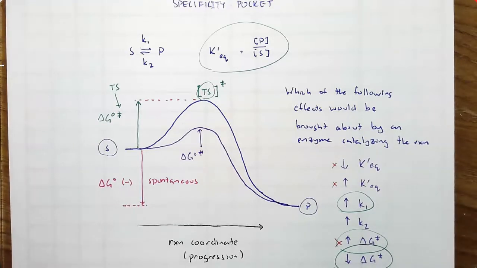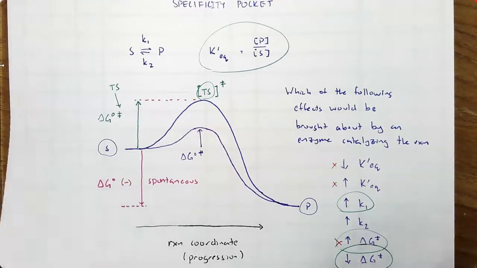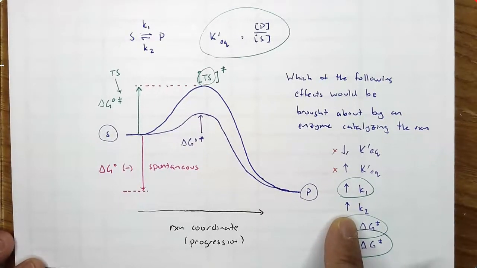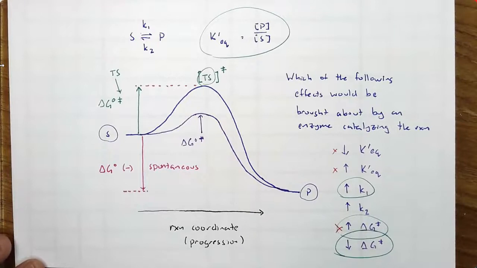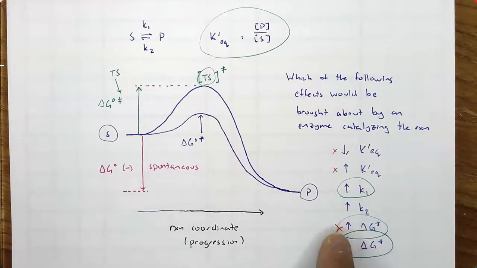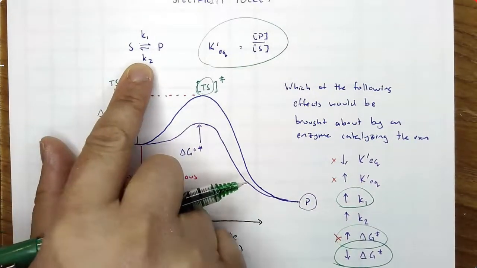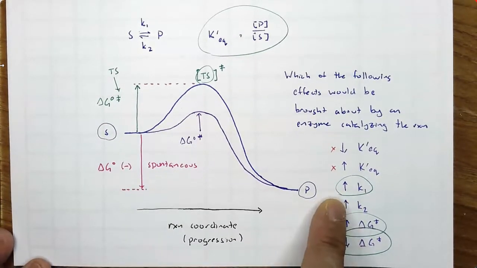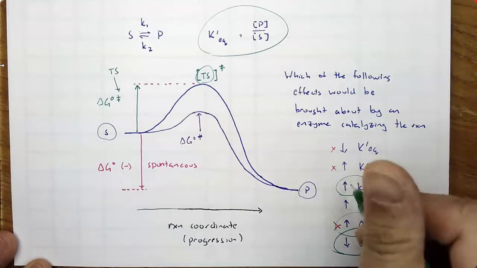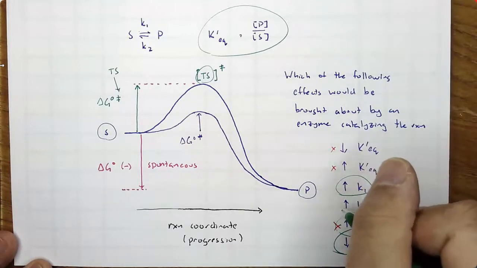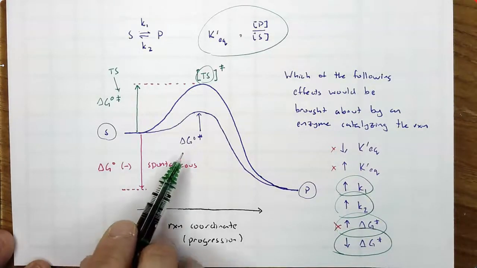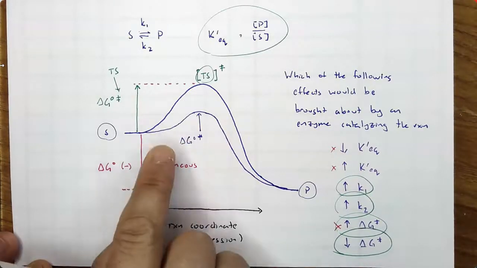Well, to reach equilibrium, K2 has to be the same magnitude, but in the opposite sign. So K2 is identical to K1 when you reach equilibrium. So if K1 is increasing, the speed of the forward reaction is increasing, the speed of the backwards reaction also has to increase. Now, do you see how that's possible by looking at the reaction coordinate?